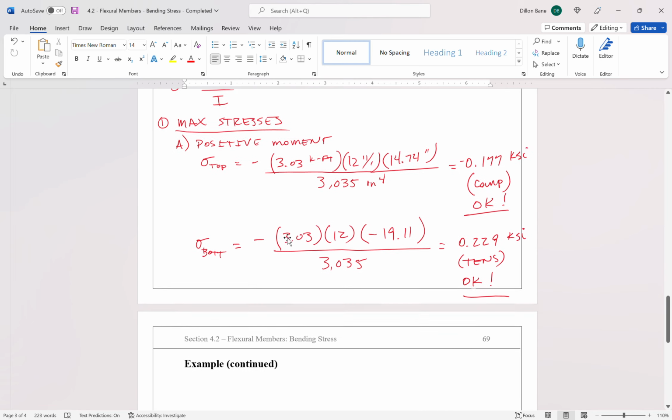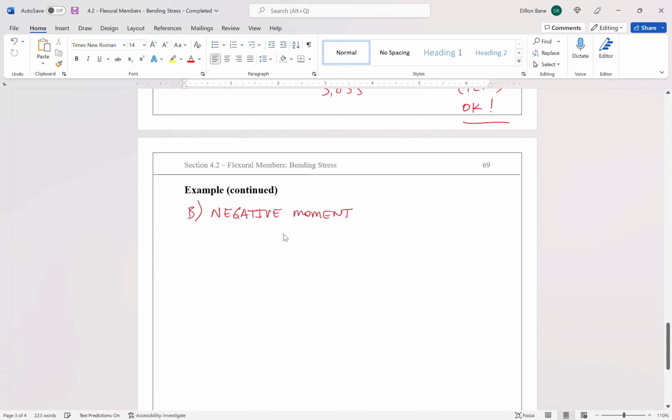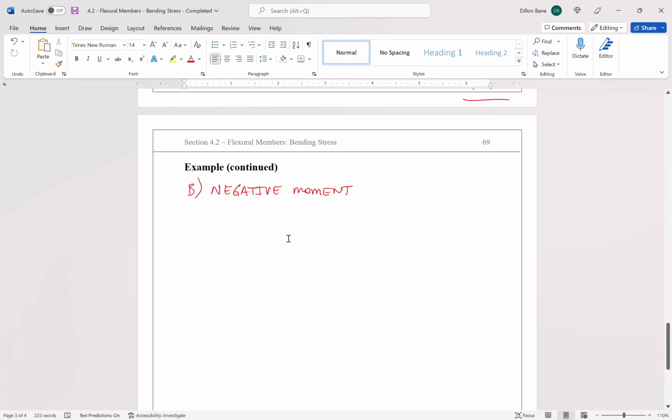So this will be part B, right, where we have our maximum negative moment. Again, investigating stresses at the top and bottom because they're different. They're not symmetric, right? Y bar is not in the middle.